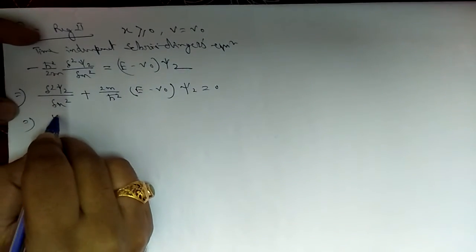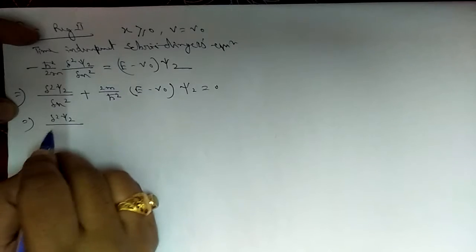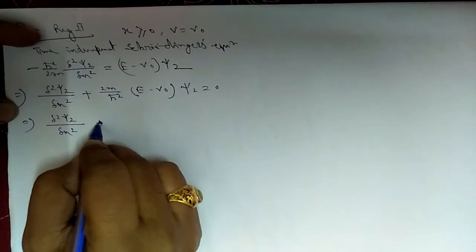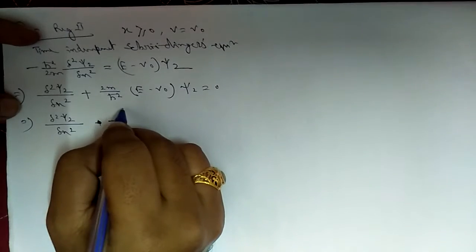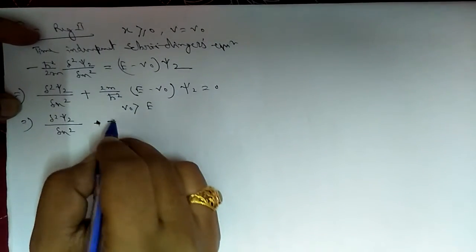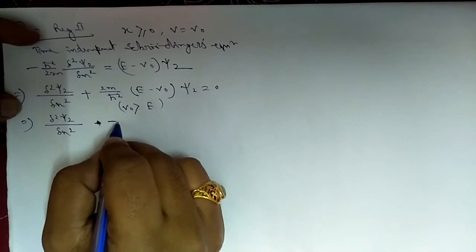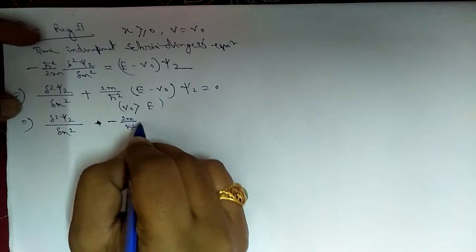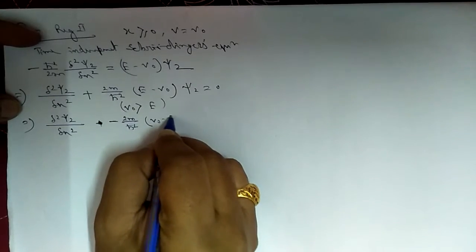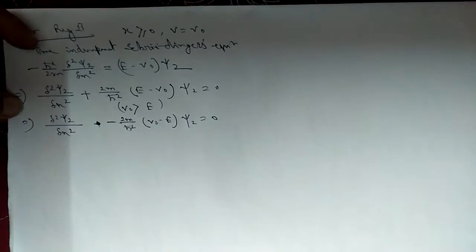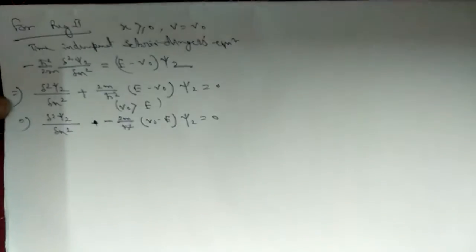Or we can write it as minus, as we know that V0 is greater than E, so we can write it as a minus function, that is minus 2m by h cross square into (V0 minus E) into psi 2 equals 0. Is it fine? I think it is fine.